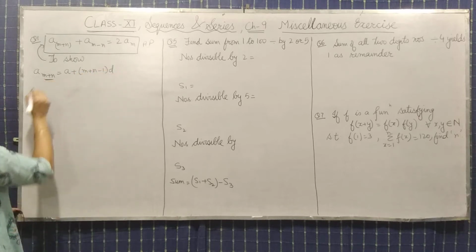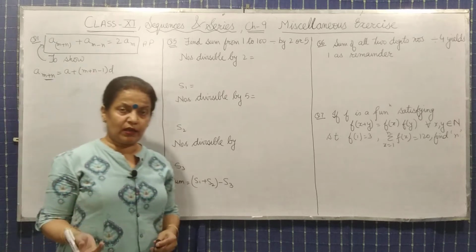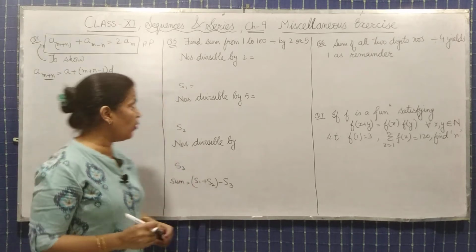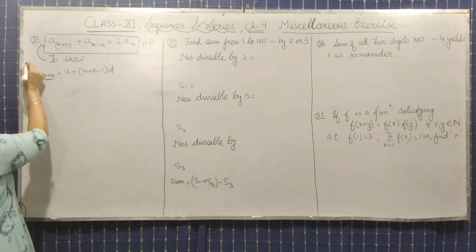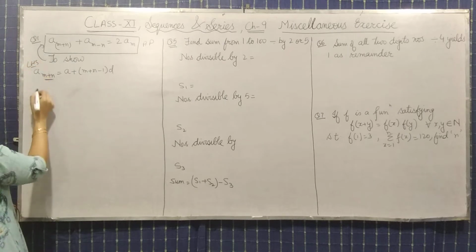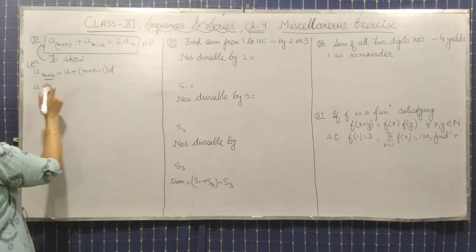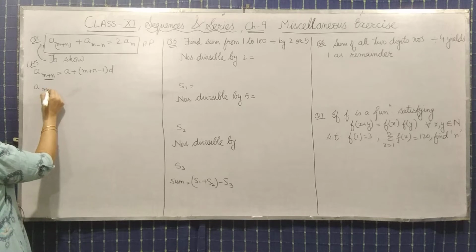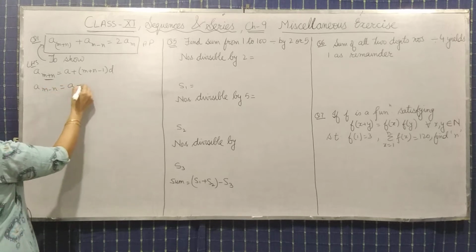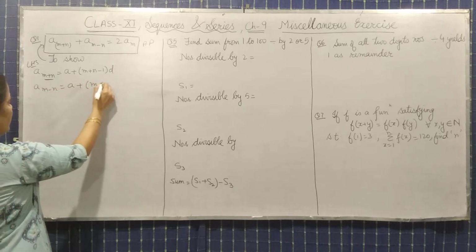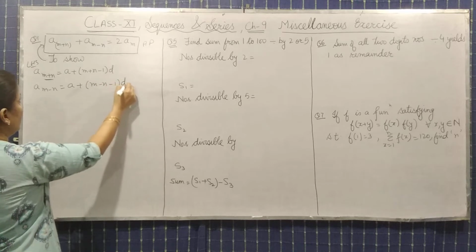I am taking this as the LHS. And what about the (m minus n)th term? This will be a plus (m minus n minus 1)d.